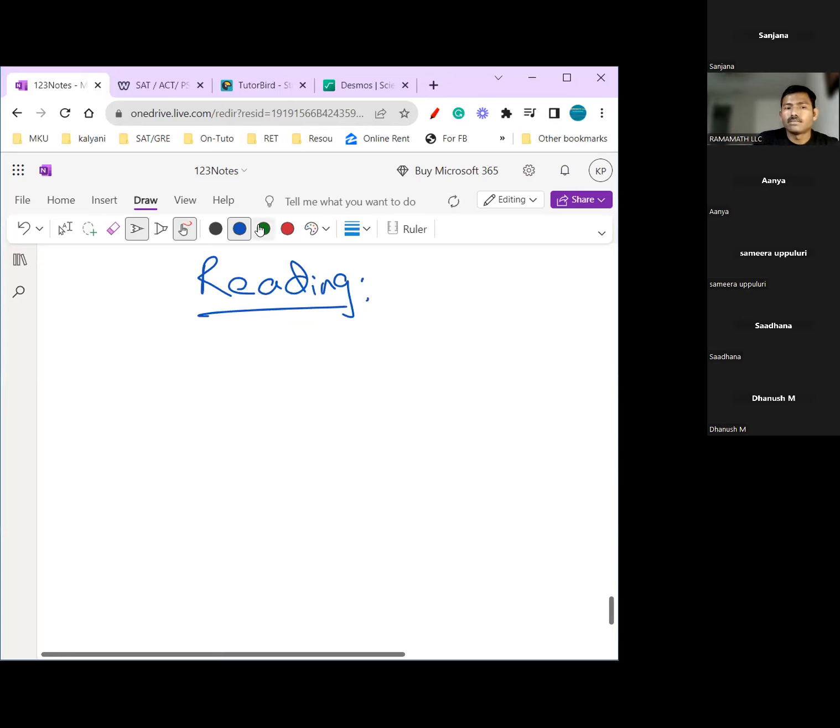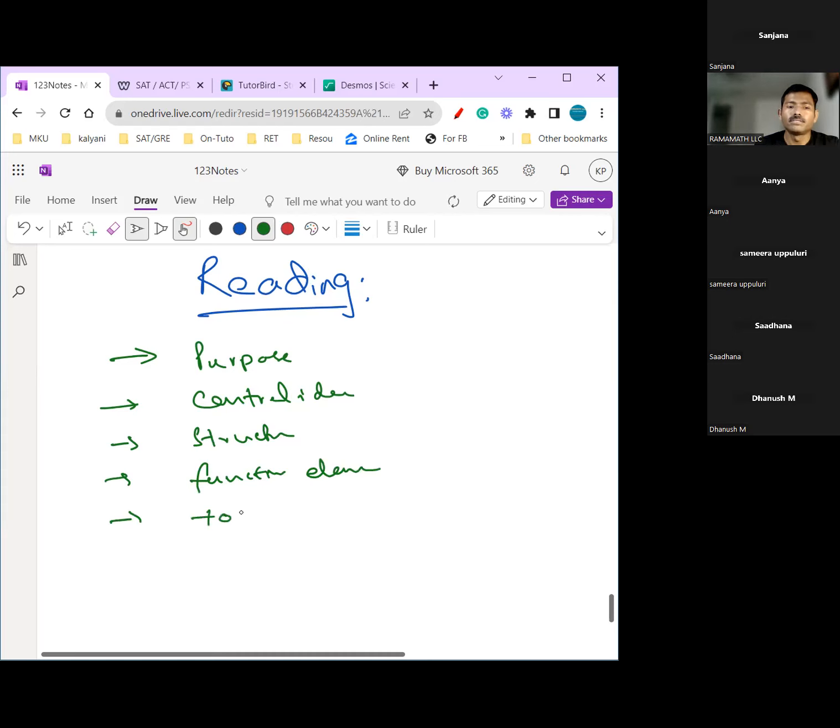As we spoke about before too, with any passage you always concentrate on these five things: purpose, central idea, structure, functional elements, and tone.